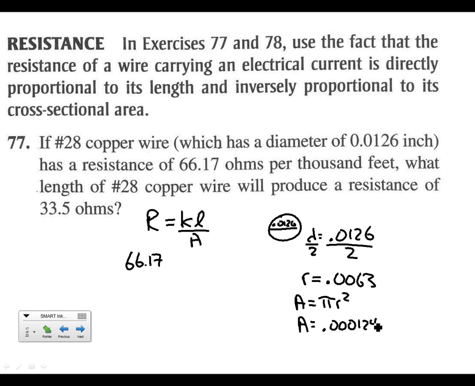And so our resistance, they tell us, is 66.17. Don't know K, and the length is 1,000 feet, right there.